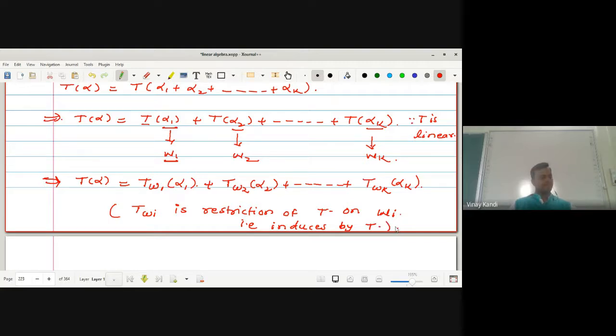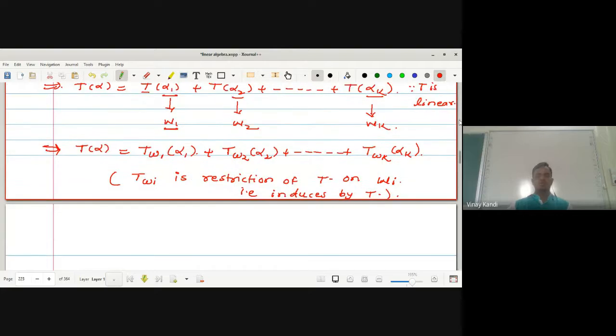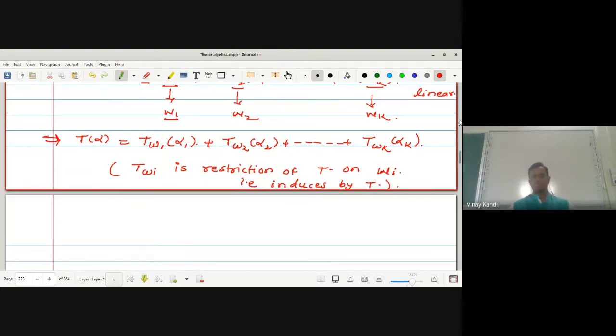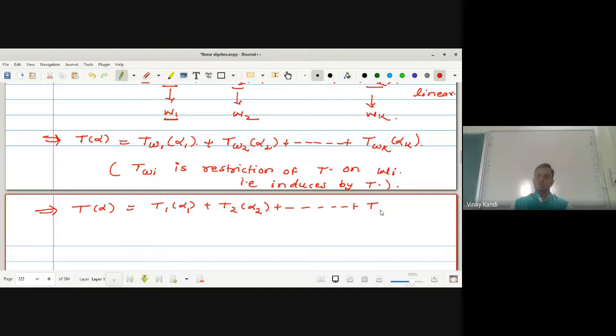Okay, so hence instead of T W1, T W2, write that T W1 is equal to T1, T W2 is equal to T2. Okay, so this T of alpha is equal to T1 of alpha 1 plus T2 of alpha 2 plus up to Tk of alpha k. Okay, denote T of Wi is equal to Ti.